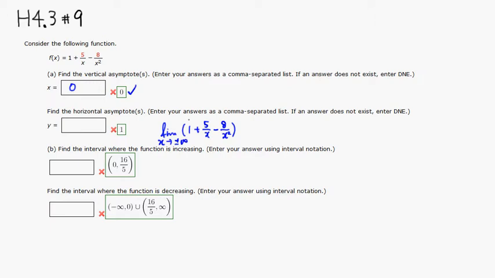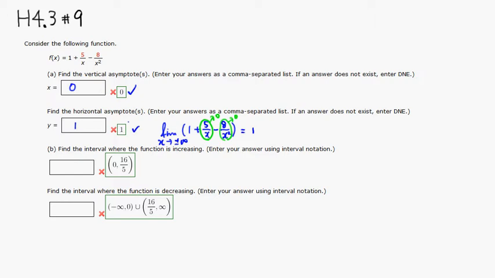In this case it's exactly the same, because in the second term, 5 divided by a big number approaches 0, and 8 divided by a big number squared is going to approach 0. So this is going to give you 1 either way. So the horizontal asymptote is y equals 1. Alright, so we got that.